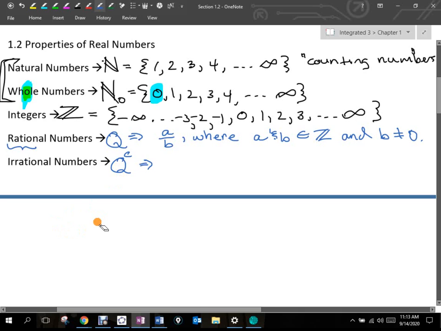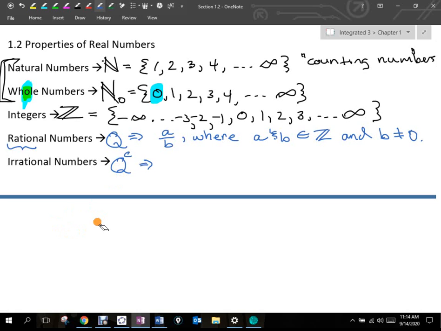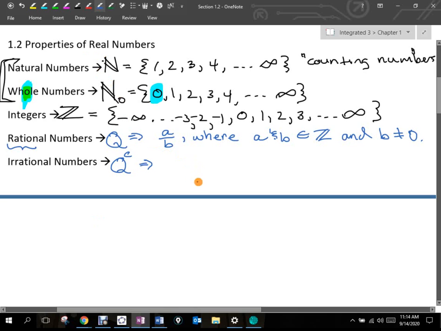So irrational numbers are numbers that are not rational. Basically we say they are numbers that cannot be expressed as A divided by B. So there are some numbers out there that you cannot write as a fraction.